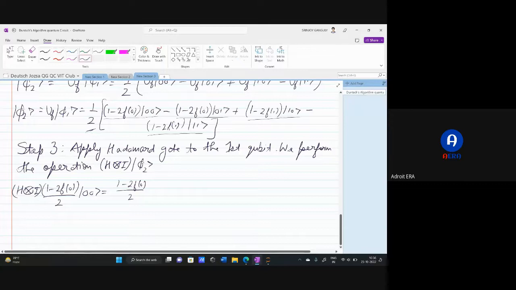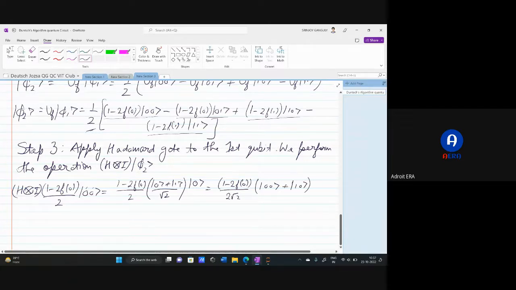Then I applied the Hadamard to the first qubit, and you get ket 0 plus ket 1 divided by root 2, and the second qubit is left as it is. Very simple. Then 1 minus 2 f of 0 divided by 2 root 2, and you just tensor them together. Once you tensor them together, it becomes ket 0 0 plus ket 1 0.